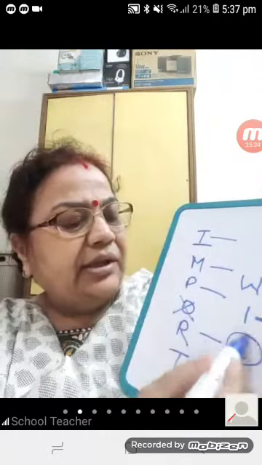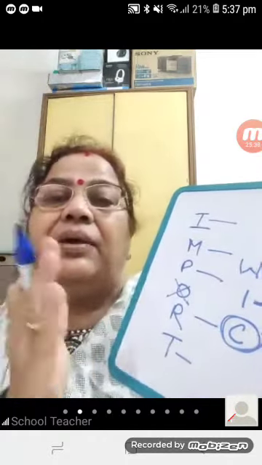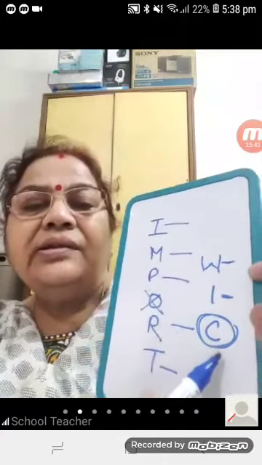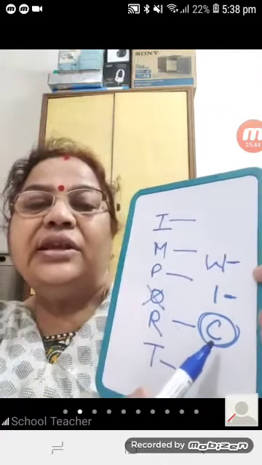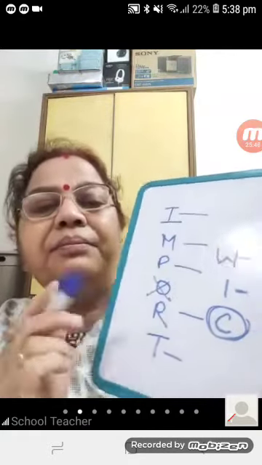Cerebrum is also the site of consciousness. Whatever you think, it is because of your consciousness. So, this is also the site of consciousness. These are all functions of cerebrum.